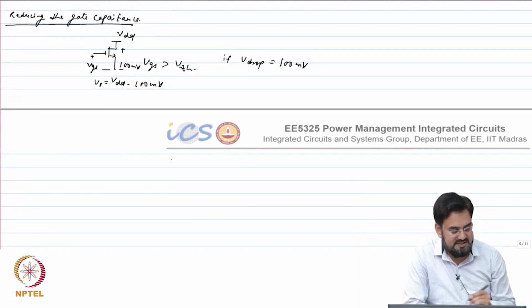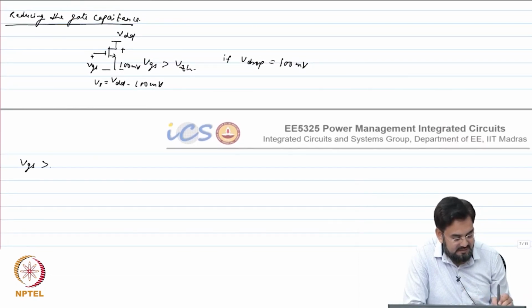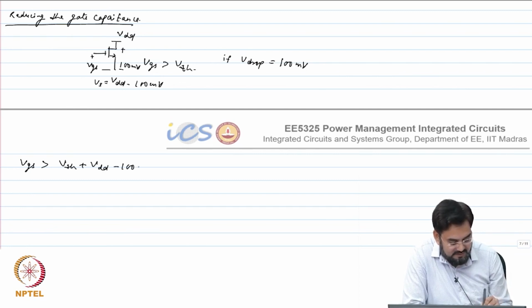So what is the minimum VGS you will require? VGS should be greater than VTH plus VDD minus 100 millivolt, and VTH is roughly 500 millivolt.